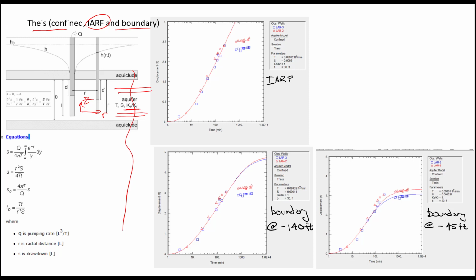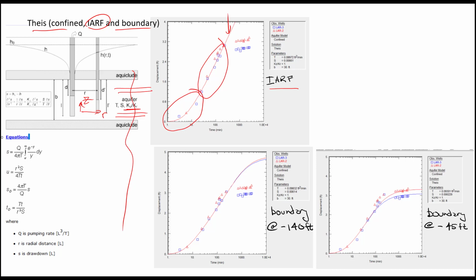So this is the fit of the Theis solution to the infinitely acting radial flow case. And you can see this semilog straight line portion we can fit pretty well. And with the Theis solution now we can fit this early time data pretty well.